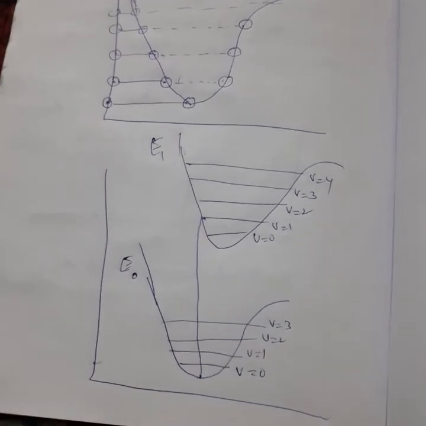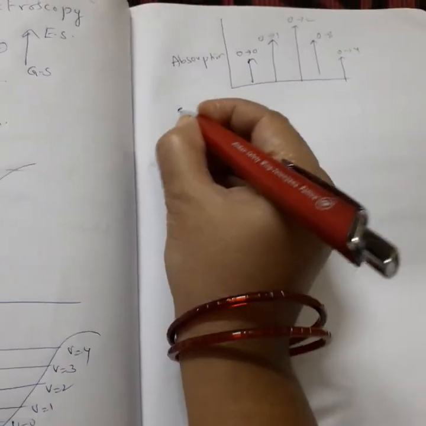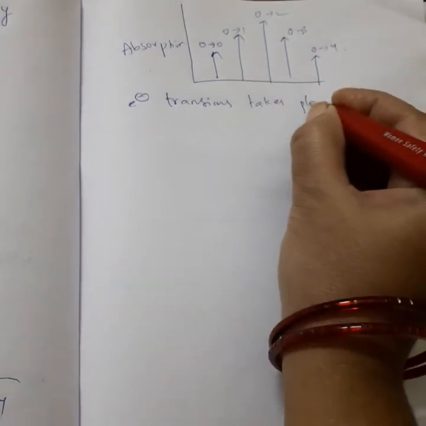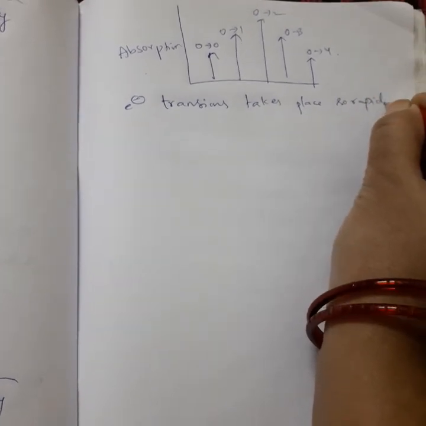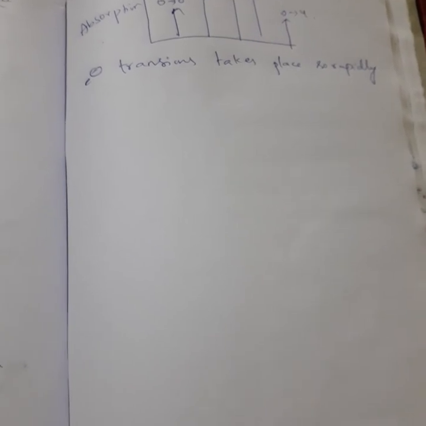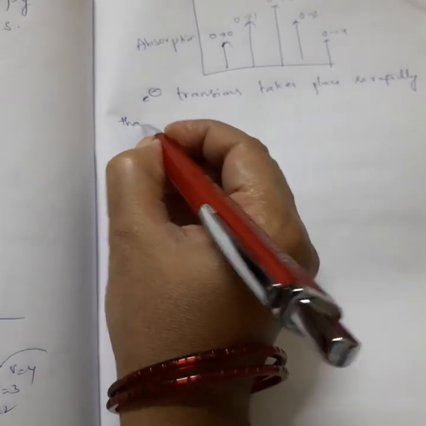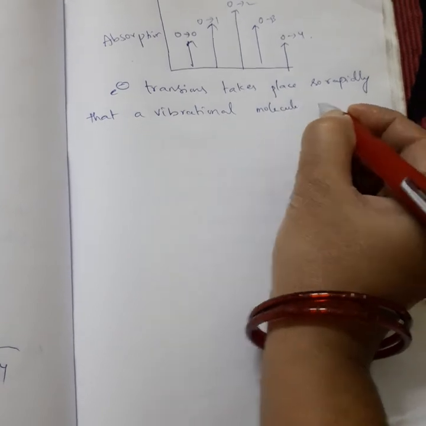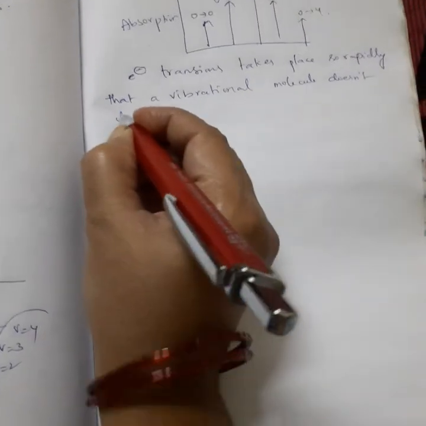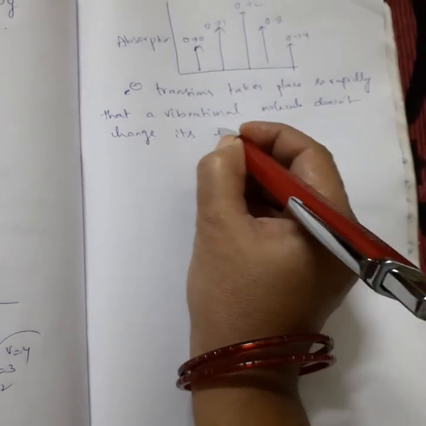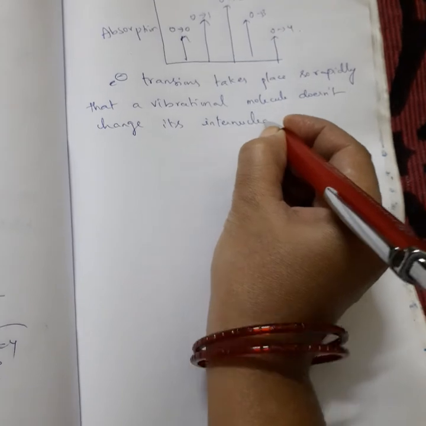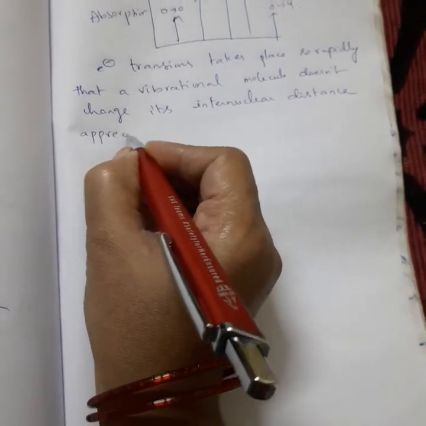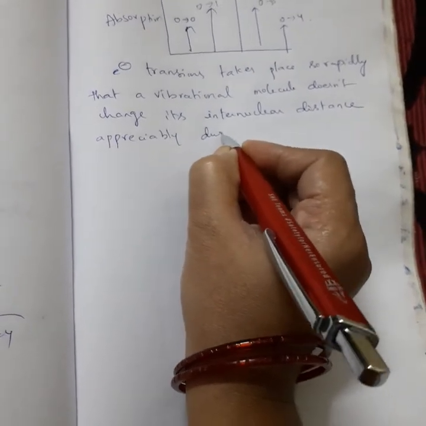So that's why what this Franck-Condon principle tells us is that electronic transitions take place so rapidly that a vibrating molecule does not change its internuclear distance appreciably during the transition.